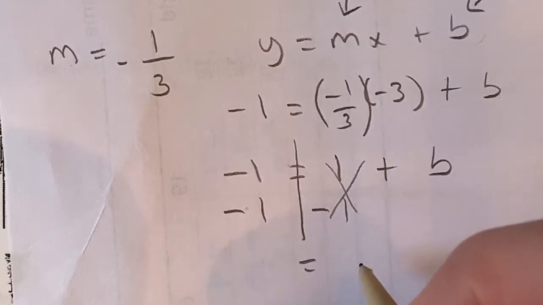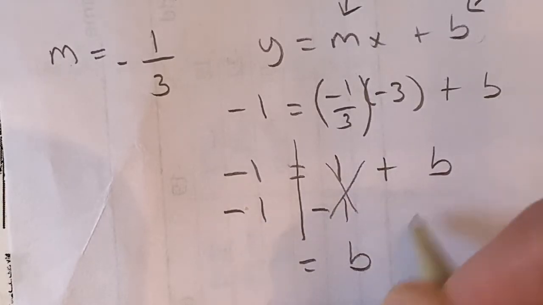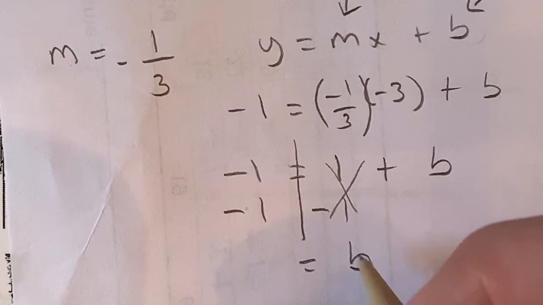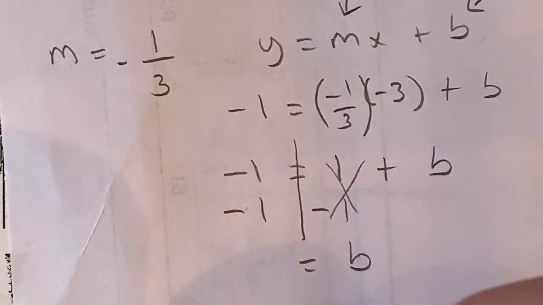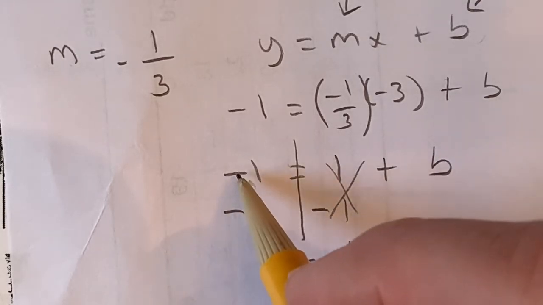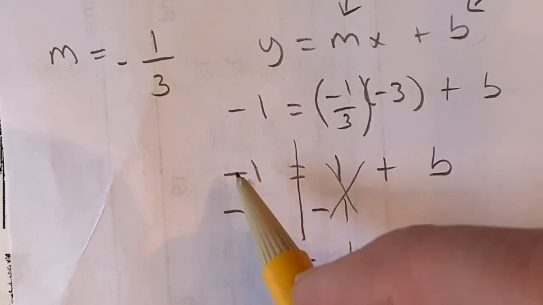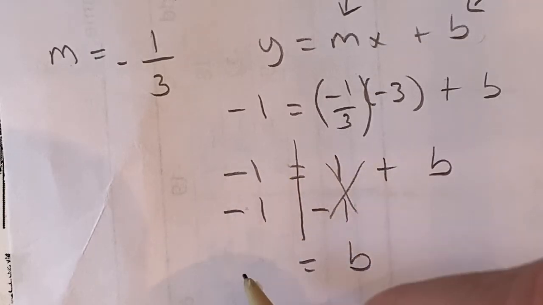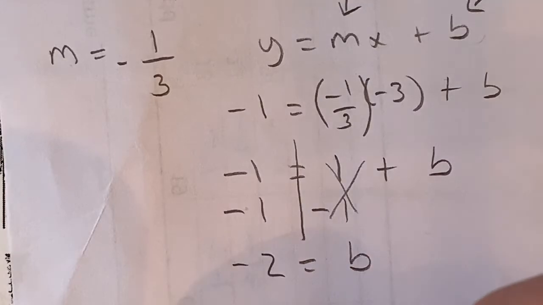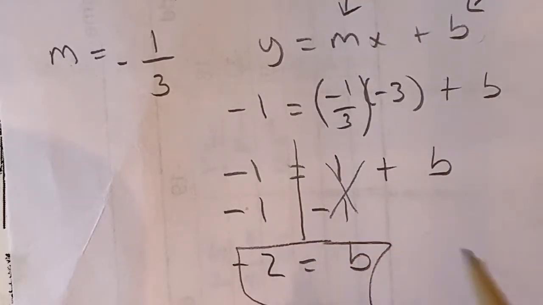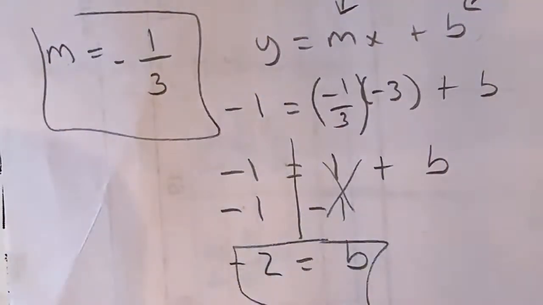We want just the b by itself. So now I have b equals, which is great, because that's what I need for this equation. And then I lose 1, and then I lose 1 more. Think about if I lost $1, then I lost another $1. Well, we've lost $2. So this is great, because now I have a b and I have an m.